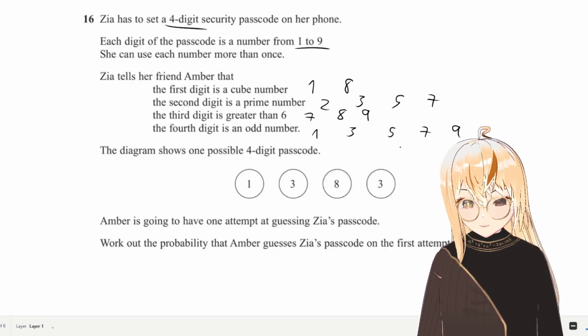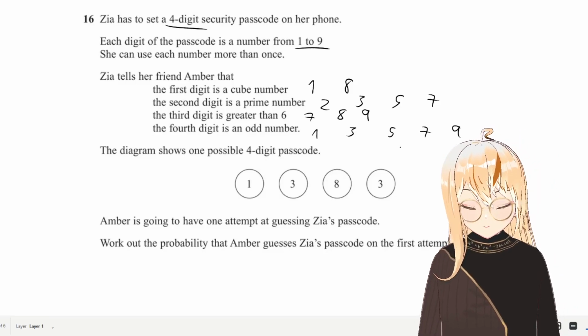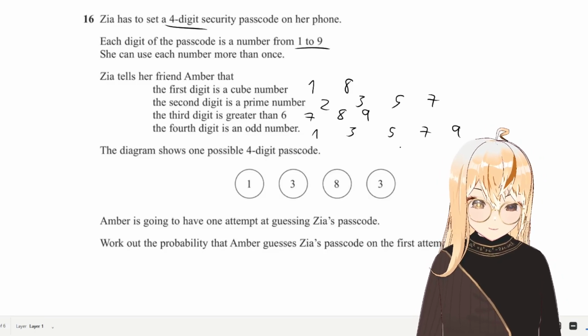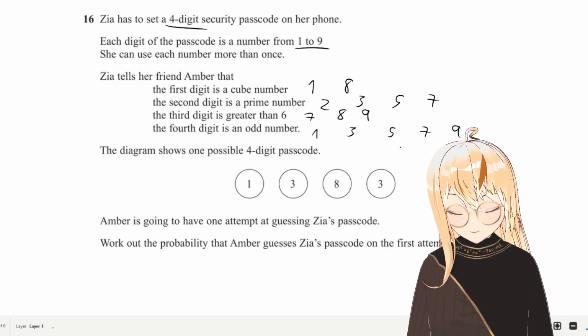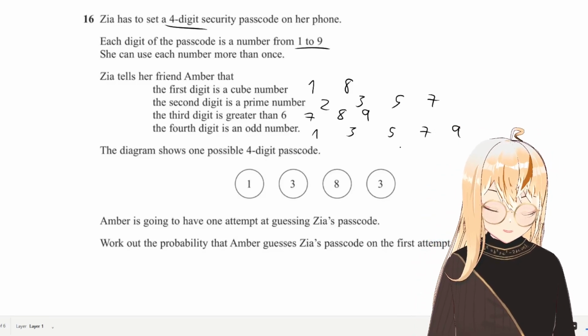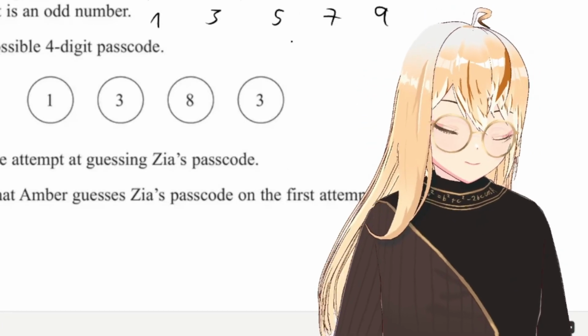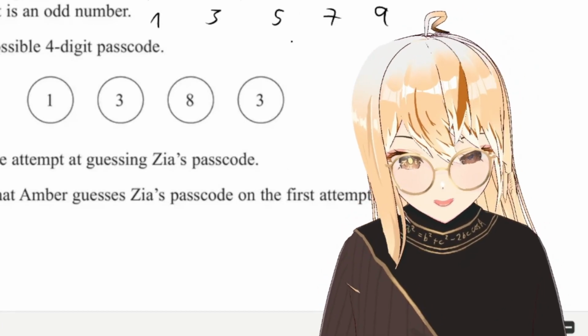Okay, so Amber is going to try to guess Zia's passcode. And we have to work out the probability that she guesses it on the first attempt. Now this is quite simple. All we have to do is to work out how many possible outputs there are, which is the product rule of counting, what this entire video is about, of course.